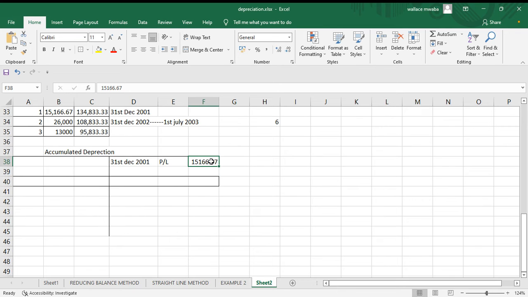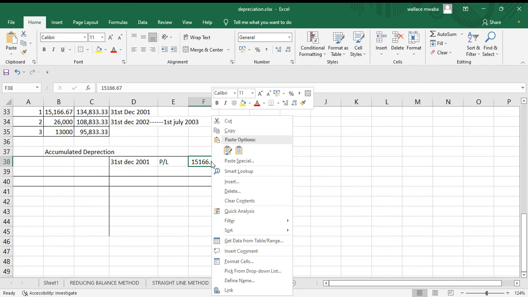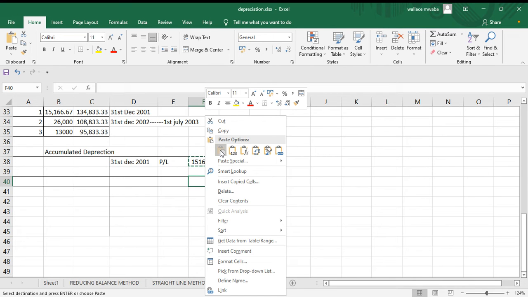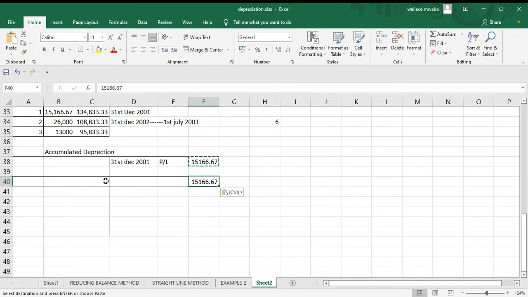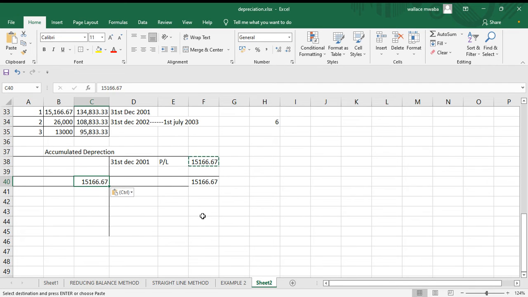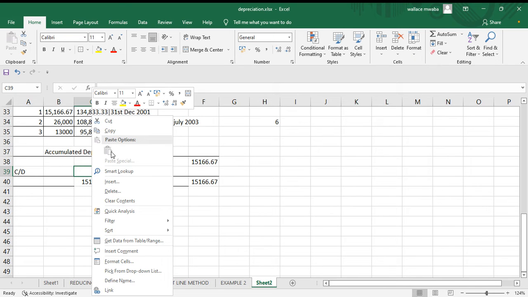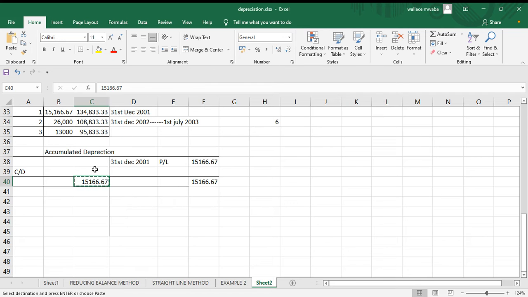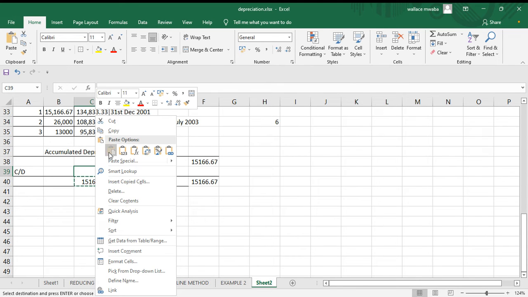So we close for year one. All right. This is our balance carried down, 15,166.67.